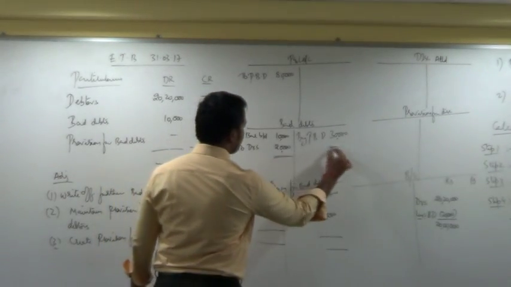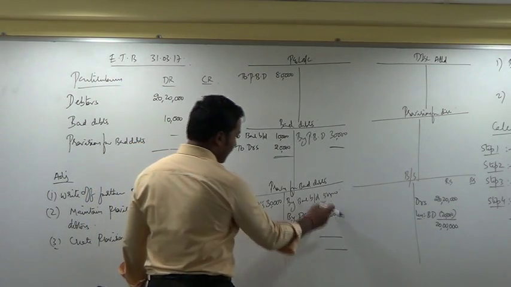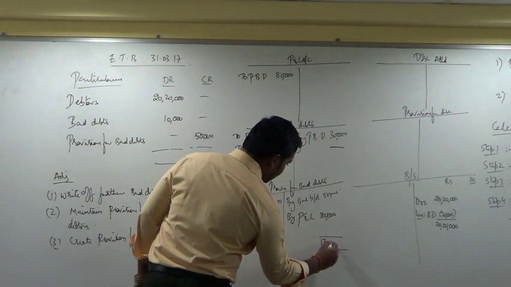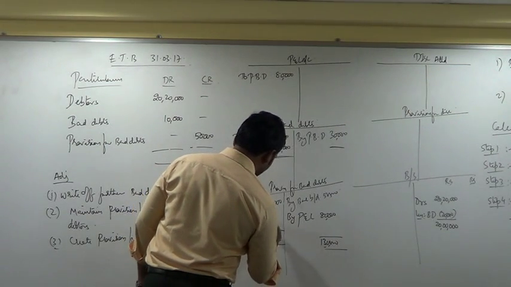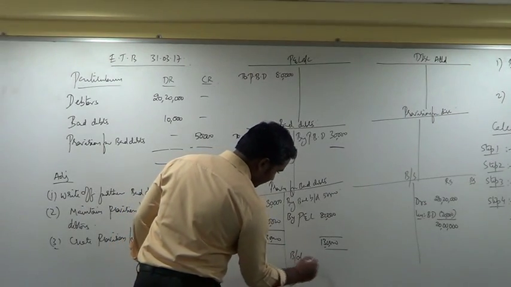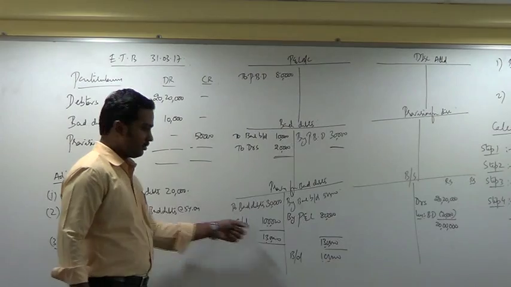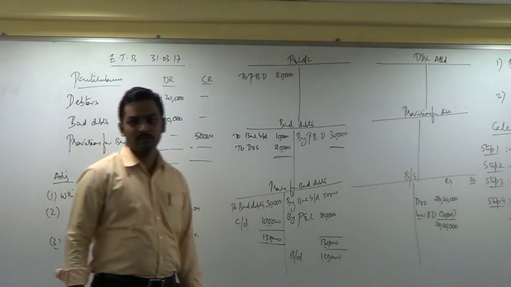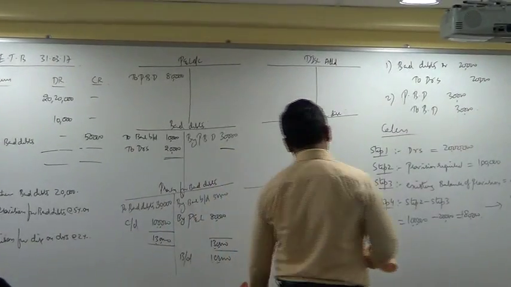Bad debts account is already closed. Don't close the P&L account because we have one more adjustment left. Now balance the provision account: 1 lakh 30,000 minus 30,000. How much balance is left? 1 lakh. Carried down, brought down 1 lakh.